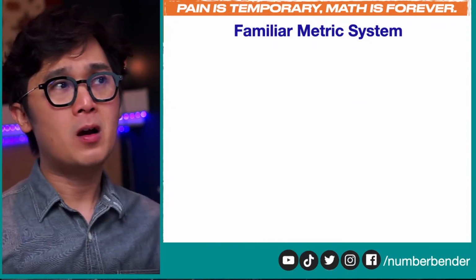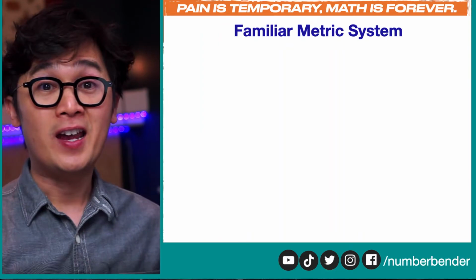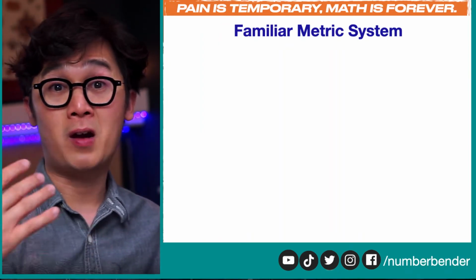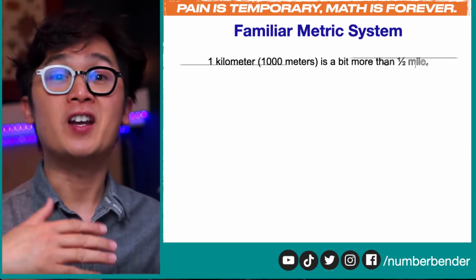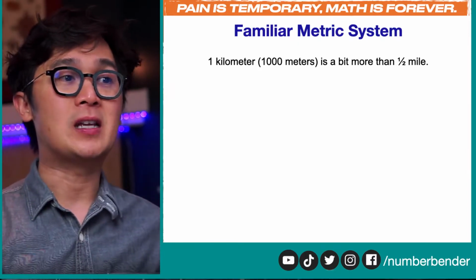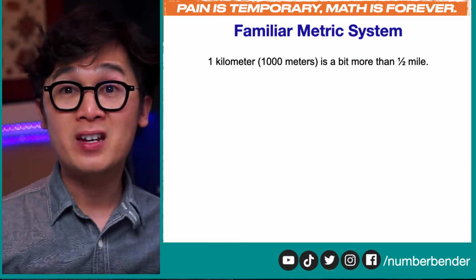Now, there are some of you who are not familiar with the metric system, especially if you've lived in the United States all your life, where we use yards, pints, quarts, inches. But in other parts of the world, we use this system, in which a kilometer is a bit more than half a mile.